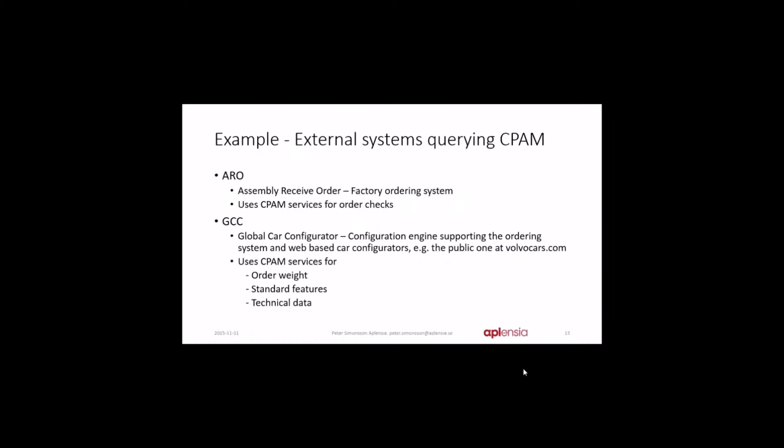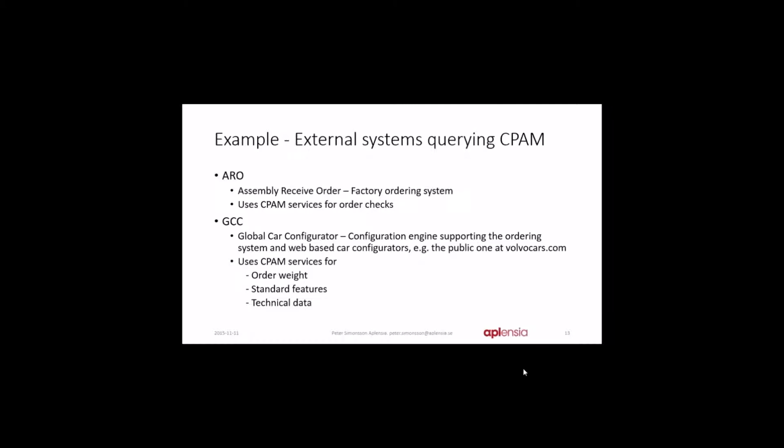External systems then. We service a number of external systems. The 2 most important probably are these 2. The first one, ARO, is the factory ordering system at Volvo Cars.